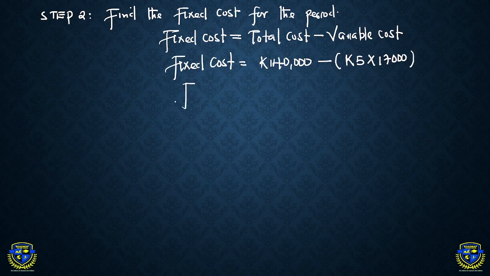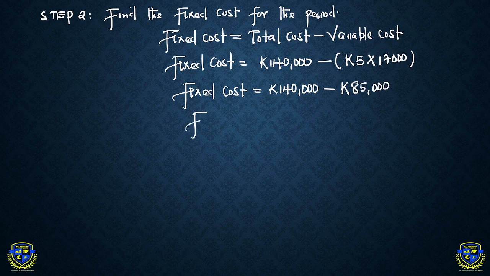Okay, so our fixed cost there is equal to 140,000 minus, when you multiply your 5 by 17,000, we're going to get 85,000 there.